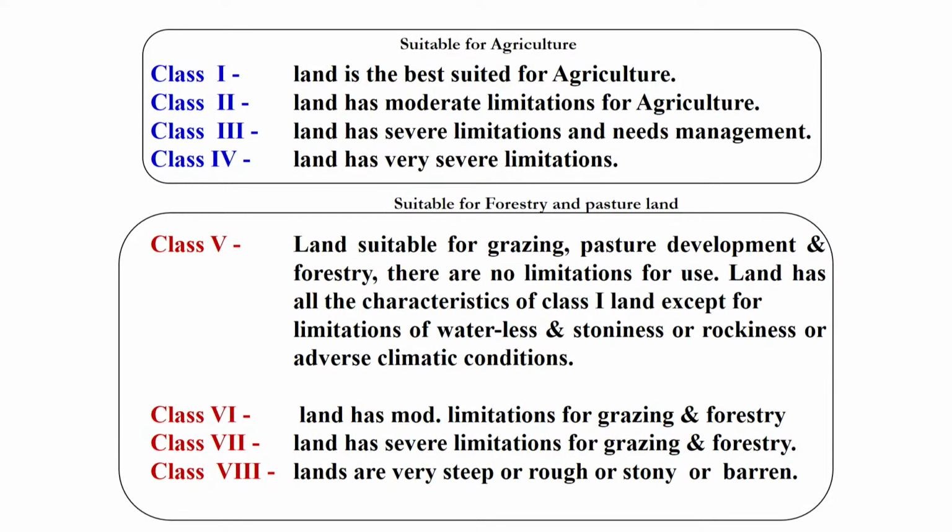So you see the description of land capability classes. Capability class 1, 2, 3, 4: as you go from 1 to 4, the limitation for agriculture increases. Capability class 4 has severe limitation for growing crops, which means you cannot grow all types of crops. But in capability class 1, the land is best suited and you can grow all types of crops.